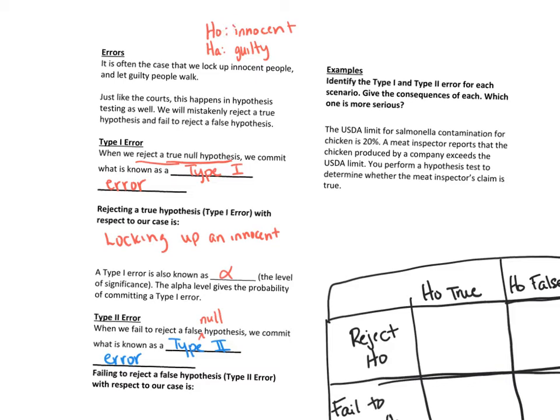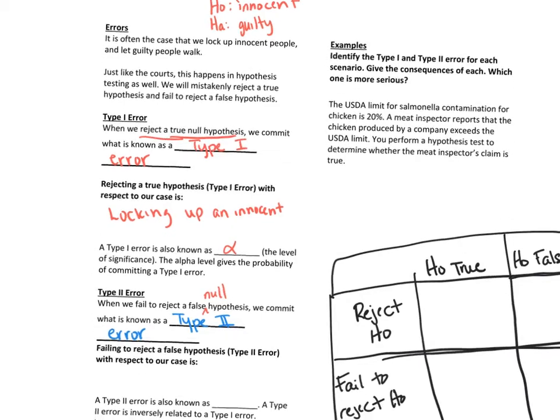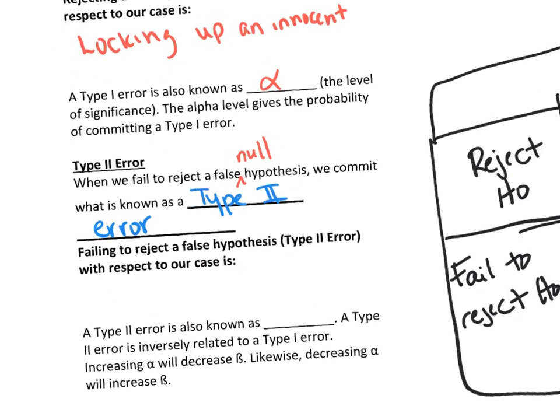So if you fail to reject their innocence, which means you're saying they're still innocent, but we know they're really guilty, well, that means that this null was false. But instead of rejecting it like you should have, you failed to do that. You've committed a type 2 error. So this is letting a guilty person walk.